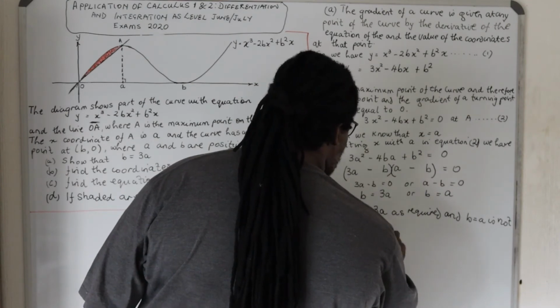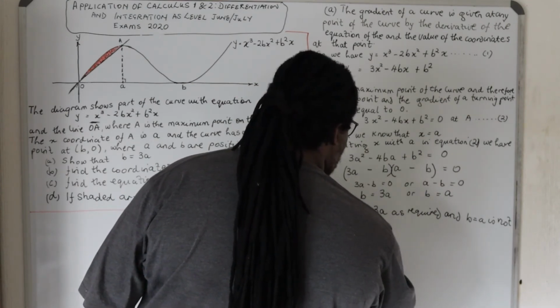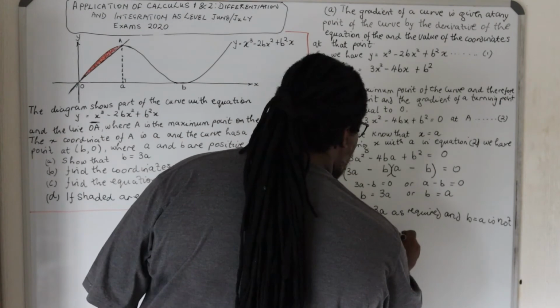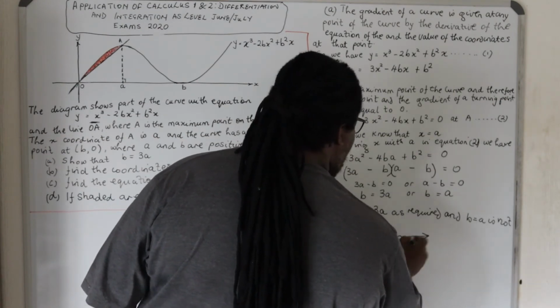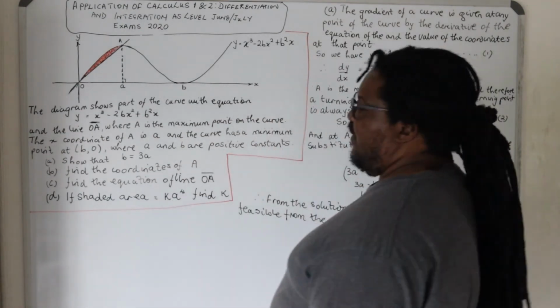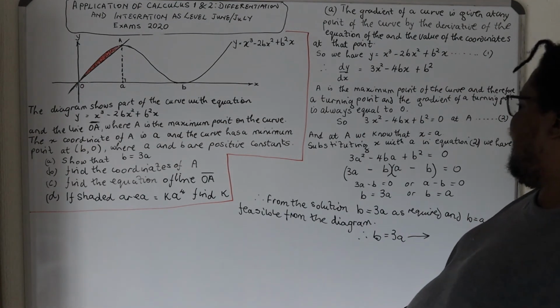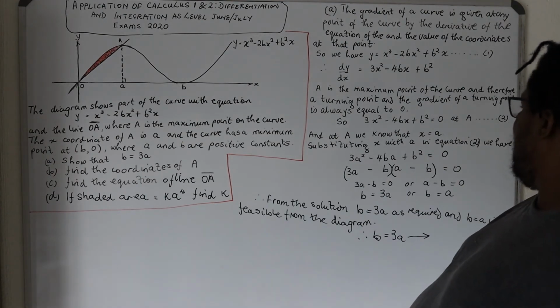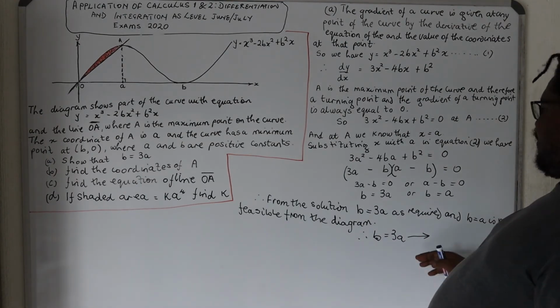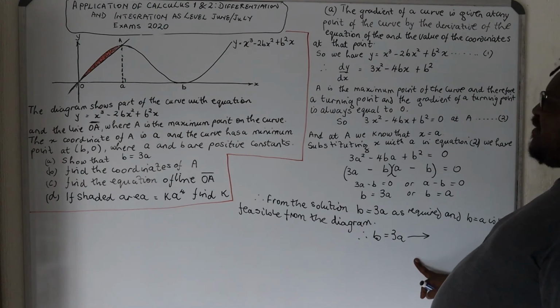Therefore, b is equal to 3a as required. And therefore, question A is answered. And these are the basic steps that you are required to go through to get your solution to A.